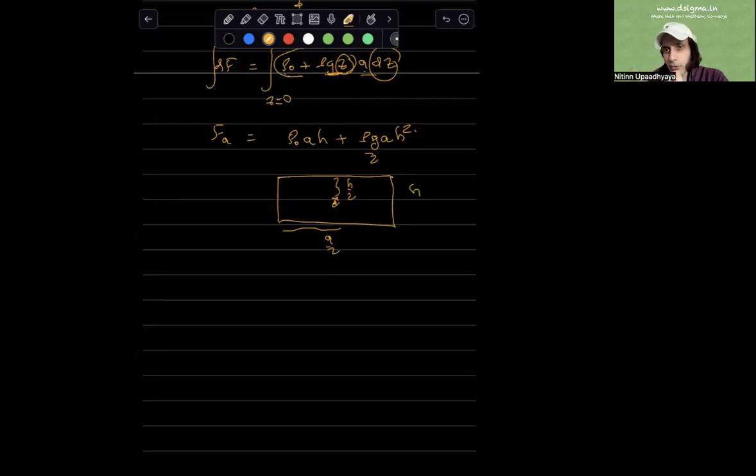Now, there's one interesting feature which I want to point out about this expression and this system that we're considering: the force being exerted on a side of a triangle is proportional to the length of that side.